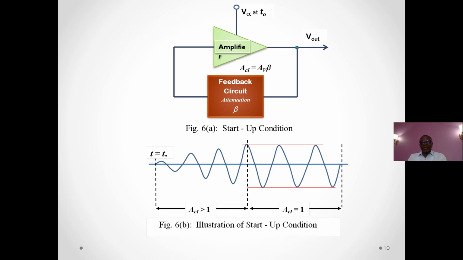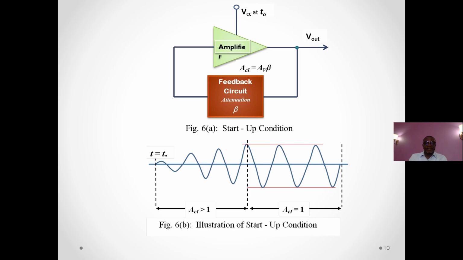If you allow the closed loop gain to continue to be greater than 1, the amplitude of this signal will continue to grow until it is no longer what you want. Then it introduces distortion.